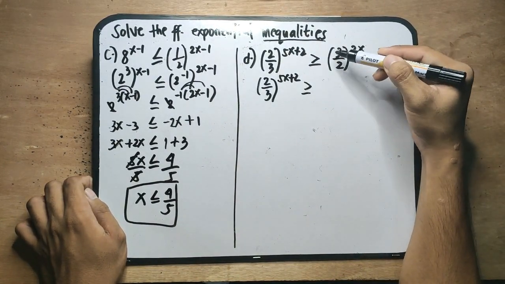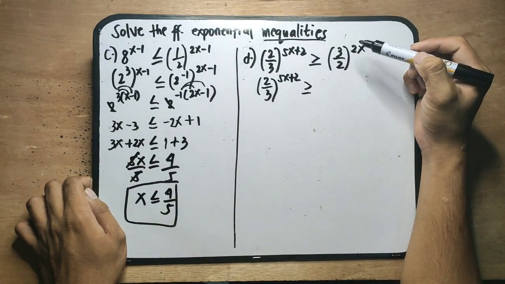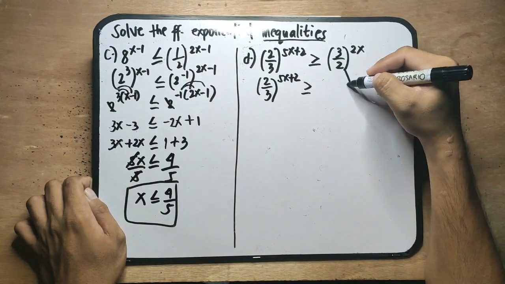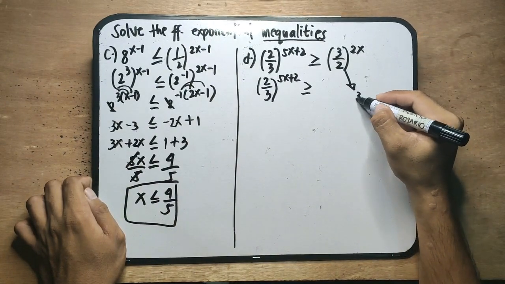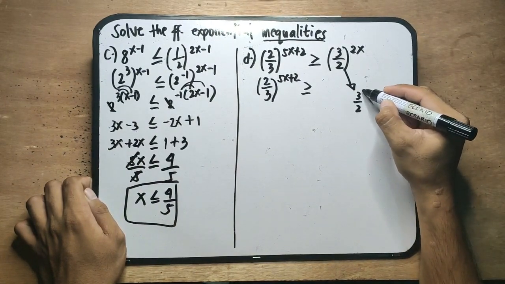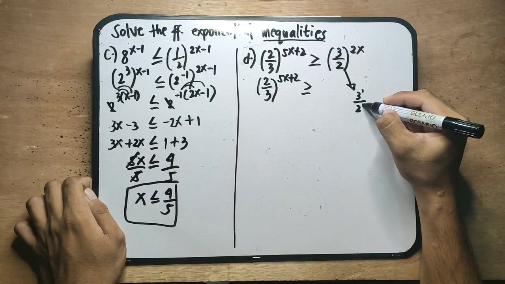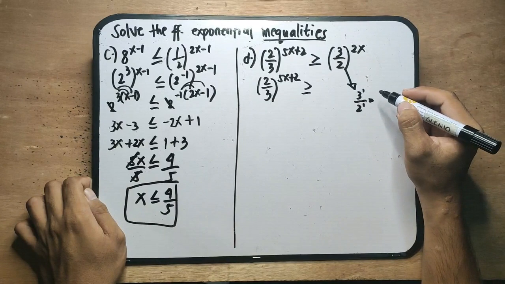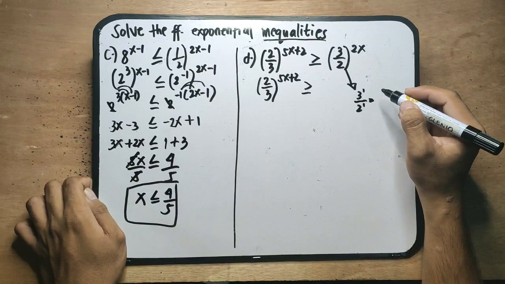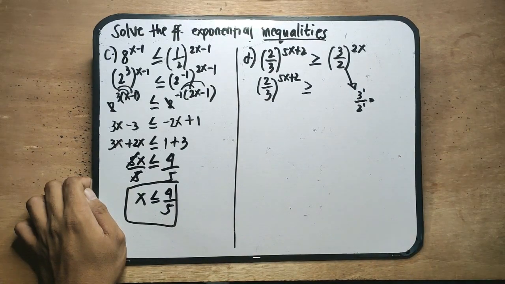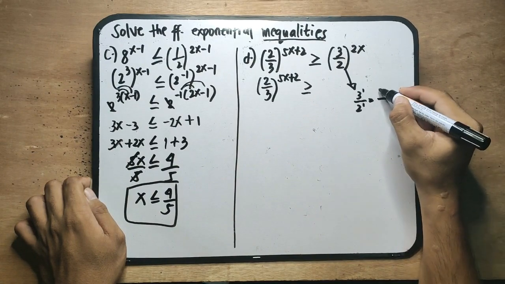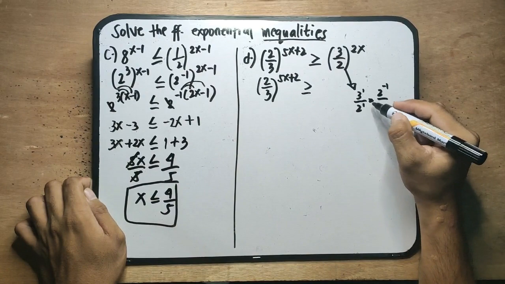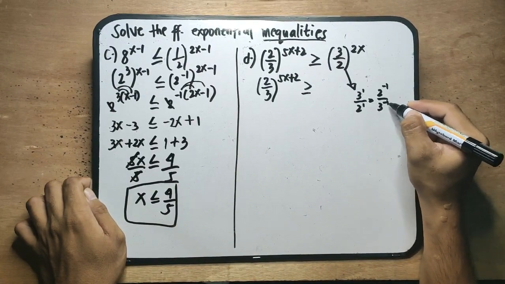Papaano ngayon ito magiging 2/3? So I'll just place it here. Si 3 all over 2, understood na may exponent na 1, 3, understood na may 1 na exponent si 2. So if we apply the negative exponent law, pwede natin itong ilipat dito, 2 raised to negative 1. And then si 3, pwede natin siyang ilipat sa baba, magiging negative yung exponent niya.